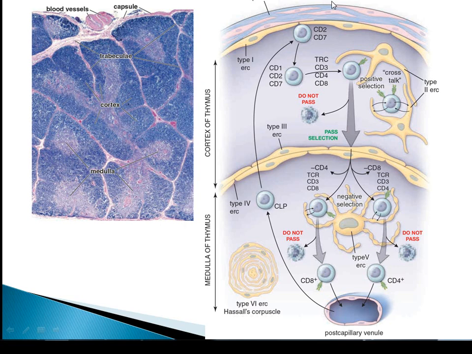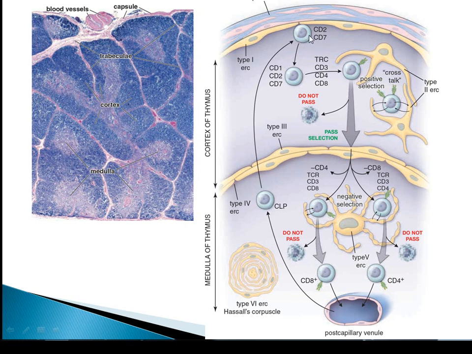Then receptors on the thymocyte plasma membrane receive signaling molecules from the cortical epithelial reticular cells, causing them to become committed to the T cell lineage. Thymocytes begin to express some T cell markers, for example, CD2, CD7, and CD3, and not CD4 and CD8. Therefore, they are known as double negative thymocytes.